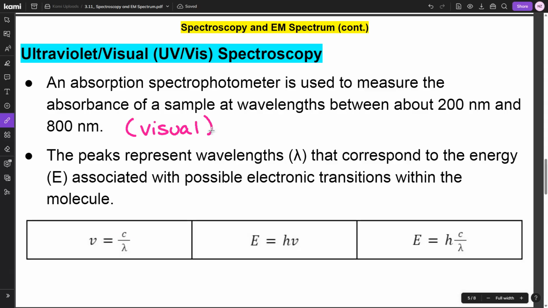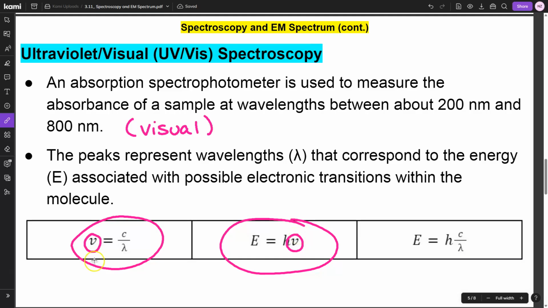So we have two main formulas that we're going to use. We have nu, which is our frequency, equals the speed of light over lambda, and then we have E is equal to h times nu. h is Planck's constant. And something I want to point out, in both formulas, we have frequency.